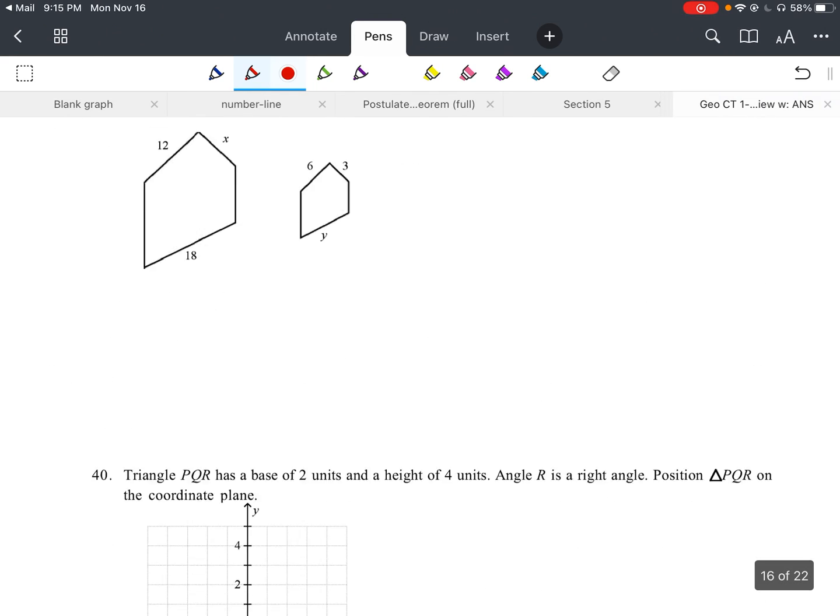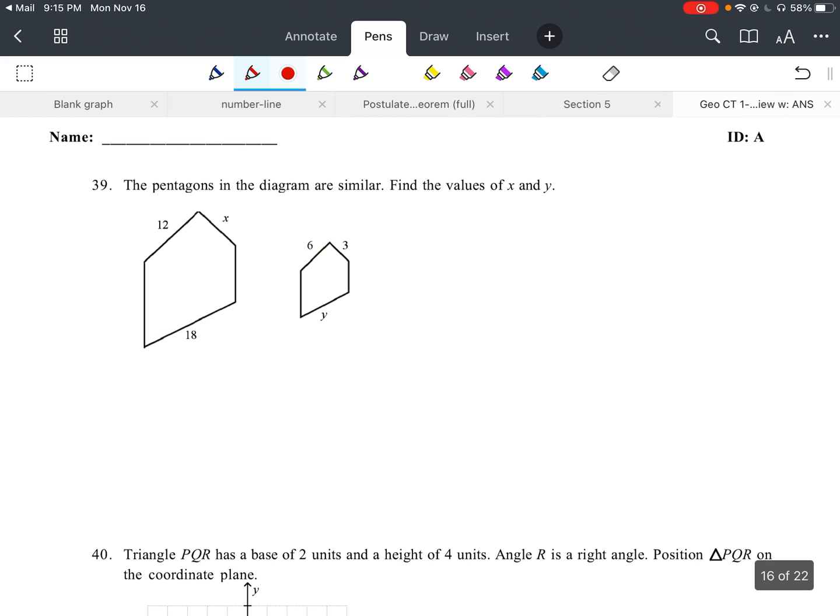All right, here we go. The pentagons are similar, find the values of x and y. So if they are similar, find a pair that go together. So let's find this. This is going to unlock it. As soon as you see that, you're like, oh, that's half the size. You could set up a proportion here and say 12 is to 6 as x is to 3. But really, 12 to 6, that's half.